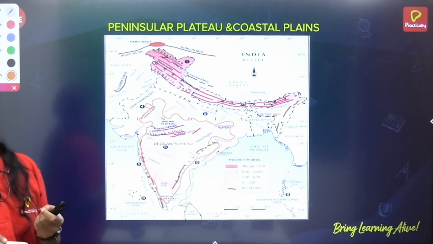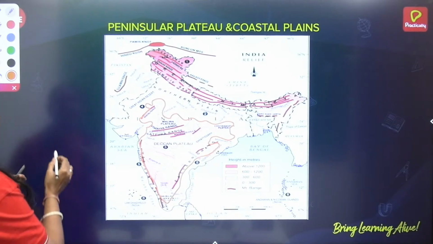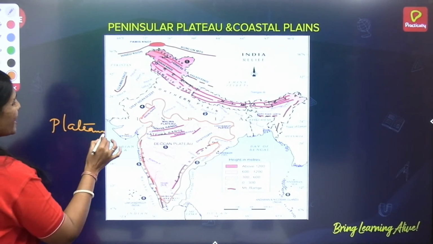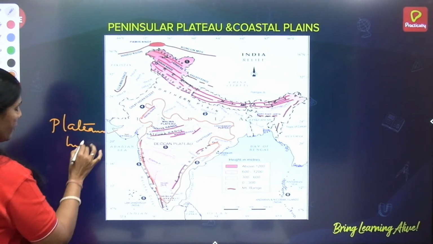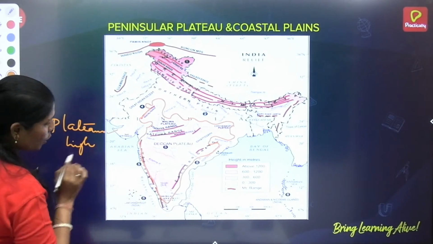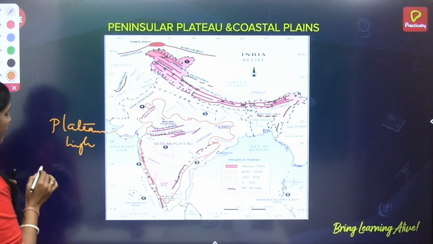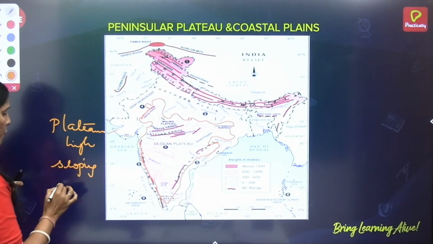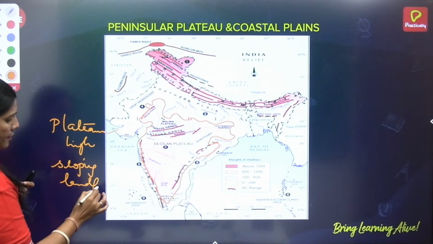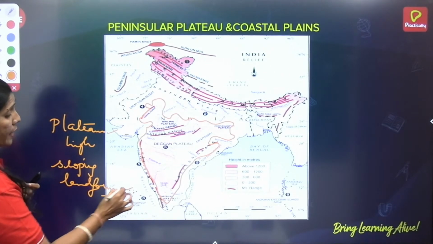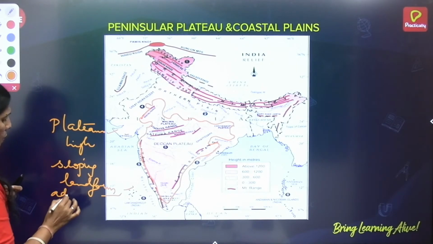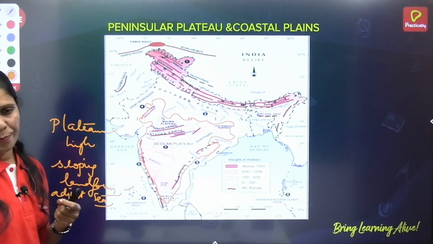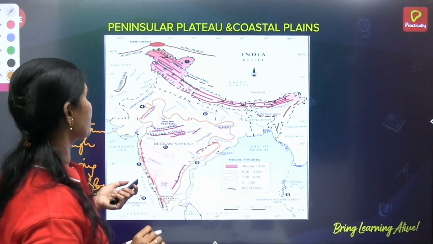A plateau is a tabletop land which is highly elevated, whereas the coastal plains are sloping landforms and they are adjacent to the sea. Okay, so that is the difference.